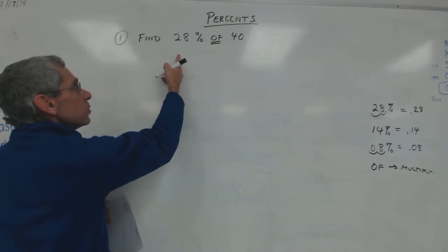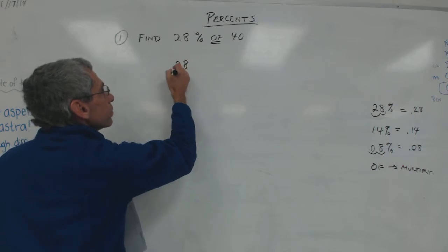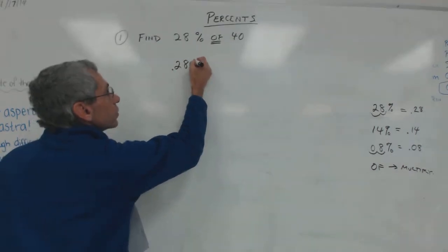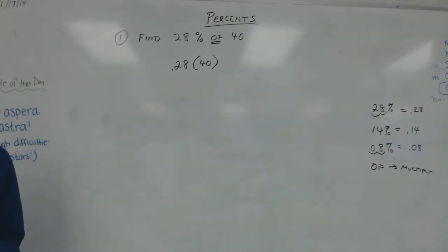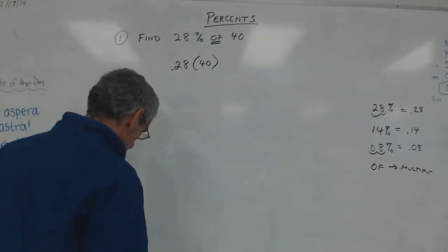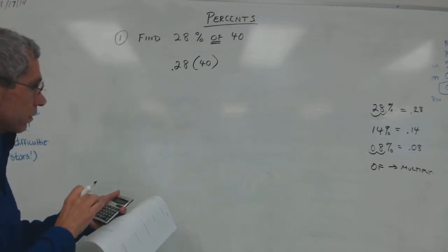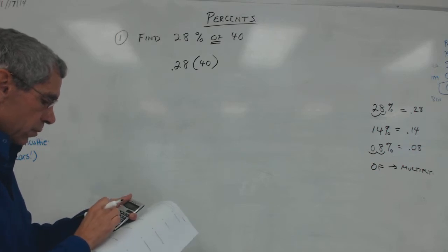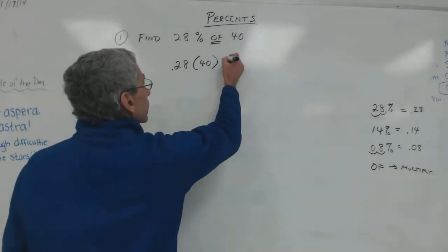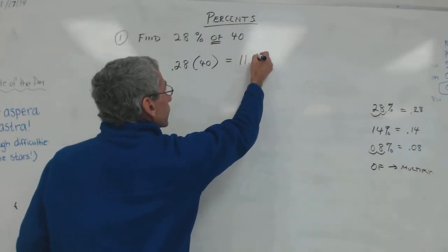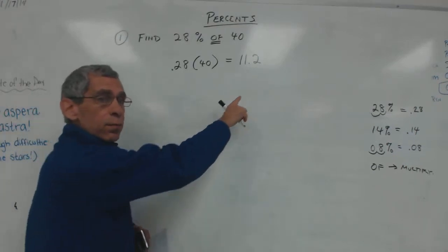If I turn this into a decimal, find 28% of 40 is 0.28 times 40. That's all it's asking. And that's pretty easy. I could use a calculator, and I'm okay with using a calculator on these at this point. 0.28 times 40 is 11.2. So 28% of 40 is 11.2.